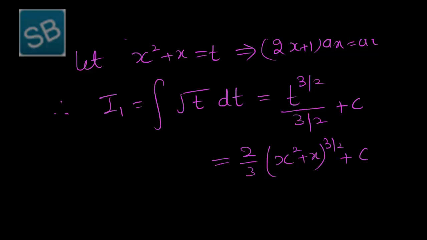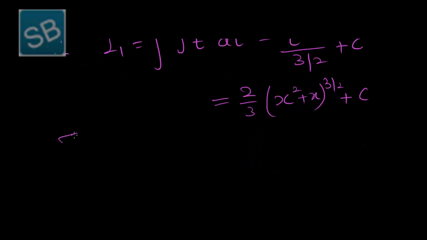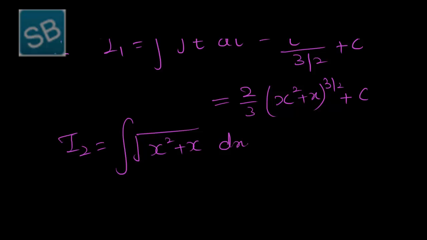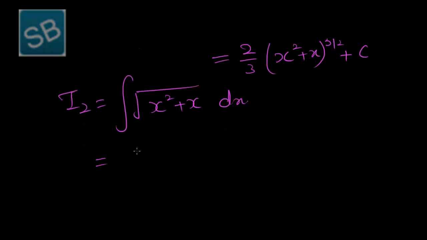Now we are going to solve I2. I2 is the integral of under root x square plus x dx. If we see here, we have to make it a perfect square. So to this, first of all we have to make the coefficient of x square 1. It is already 1. So take half the coefficient of x.